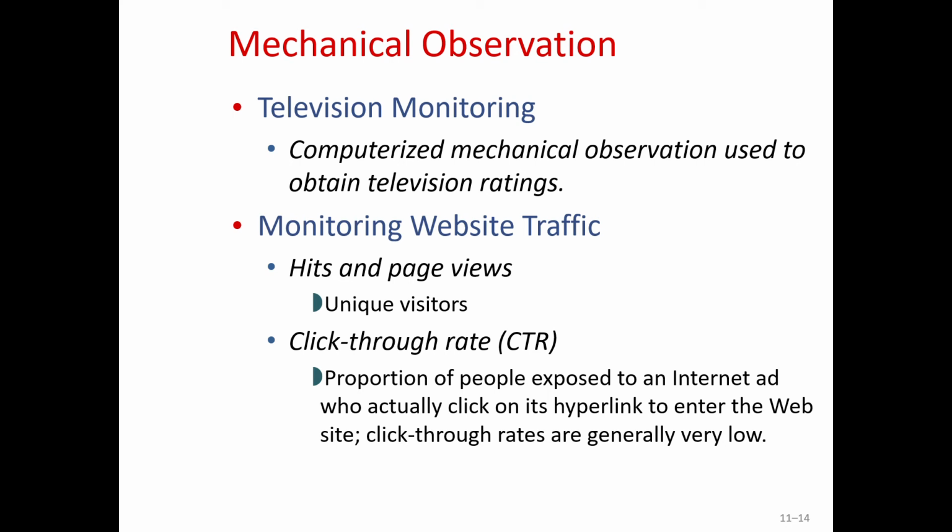Click-through rate is the percentage of people exposed to an advertisement who actually click on the corresponding hyperlink, which takes them to the company's website. Counting hits or page views can suggest the amount of interest or attention a website is receiving. But again, click-through rates.